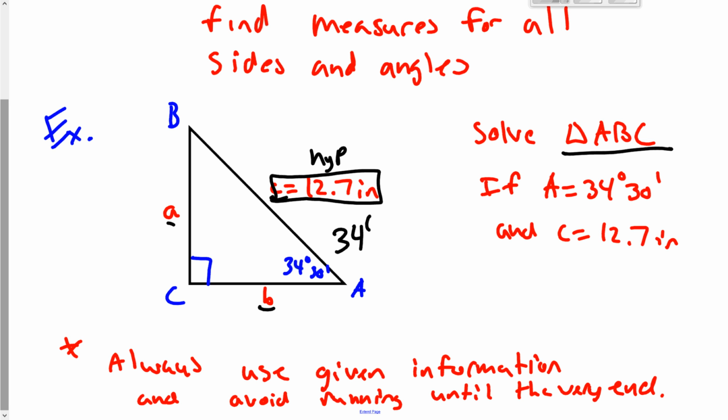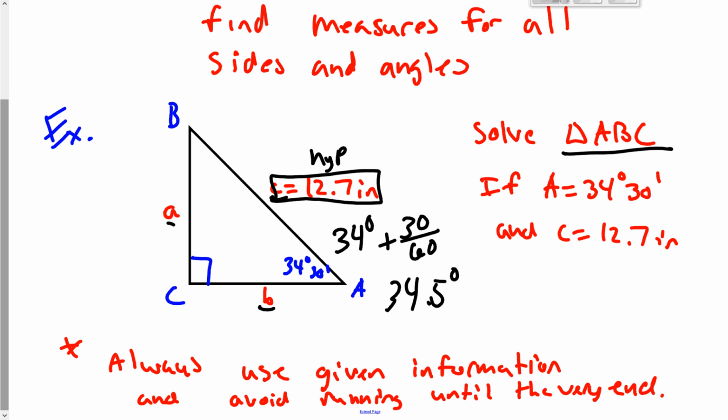So 34 degrees plus 30 over 60, because there are 60 minutes in every degree. So this is 34.5 degrees.